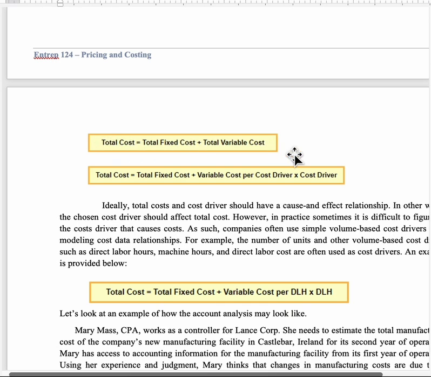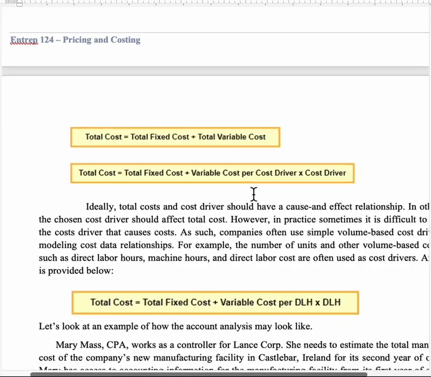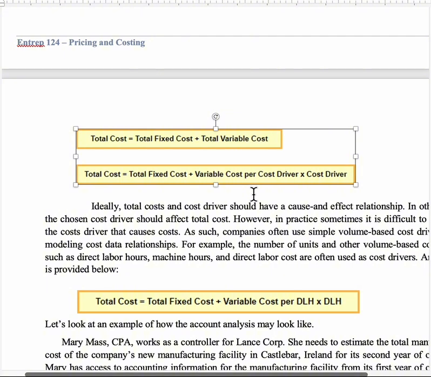The fixed and the variable are added together to give the total cost. If we break down the formula, there is an open and close parenthesis: variable cost per cost driver multiplied by the cost driver. The answer when added is the total variable cost.